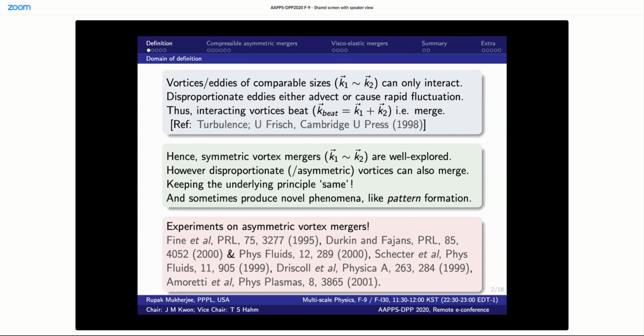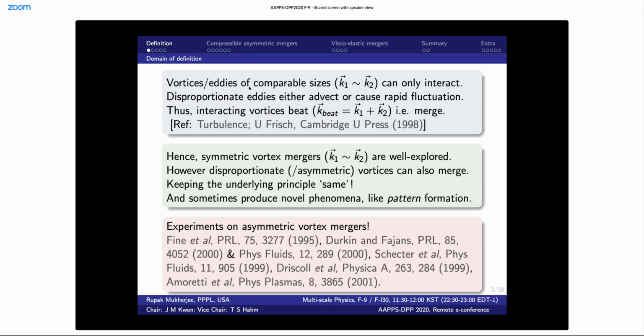However, if you have two eddies of completely different sizes, for example, one very long eddy and another very short eddy, then typically the short eddy gets advected in this big eddy. So they don't directly interact. So the disproportionate eddies, different sizes of eddies, do not interact like this.